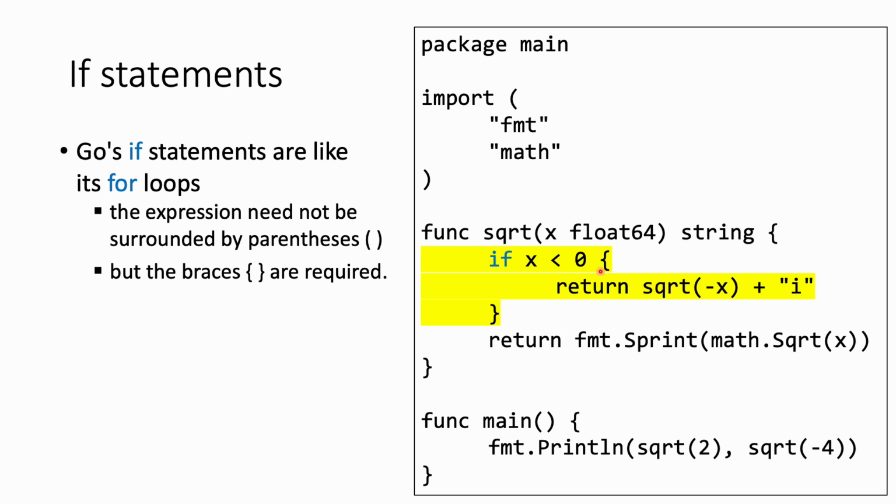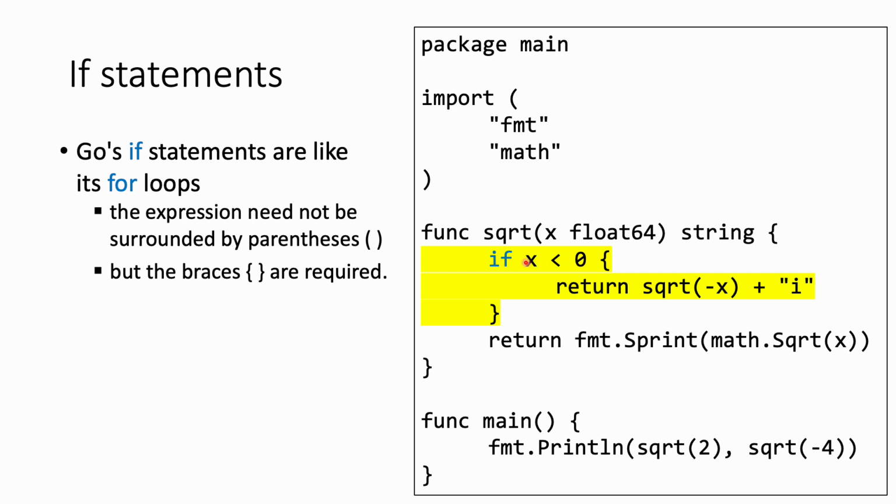The if statement in Go is like a for loop. That is, you don't need to surround the Boolean expression with parentheses, but the braces are required even if you have only one statement in the body of the if statement.